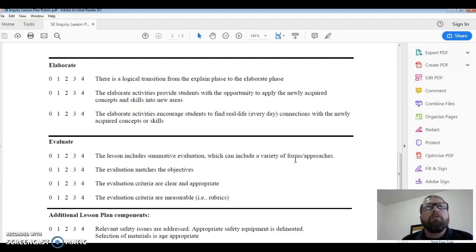In the explore, students may not, for example, to go back to the monohybrid cross, be able to accurately solve monohybrid crosses. You're trying to figure out how they're thinking about how those concepts work. By the time you finish the elaborate, you should be pretty certain that students could do those problems by themselves. And so now you're ready to put something in the gradebook.